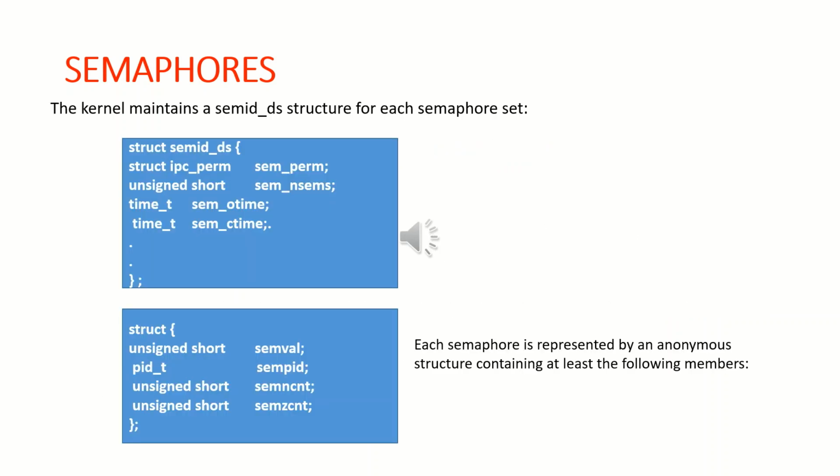Semaphores contain some data structures. The kernel maintains a semid_ds structure for each semaphore set.